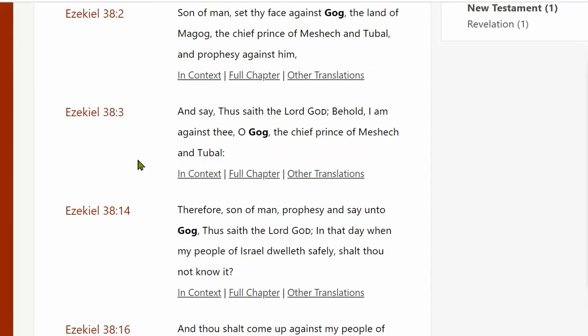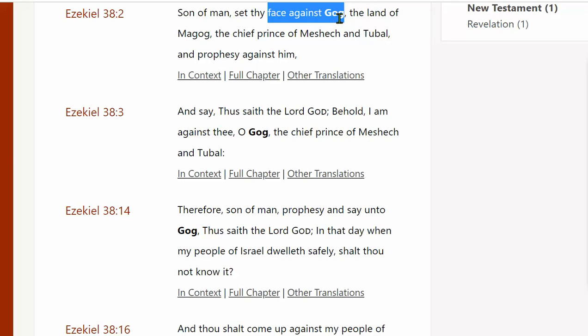Now let's go into Ezekiel 38, verse 2. Here it says, son of man, set thy face against Gog. If we look at the genealogy or descendants of Japhet again, we see that Gog is not mentioned, but Magog is mentioned. Also Noah prophesied that Japhet will enlarge his nation into Shem.